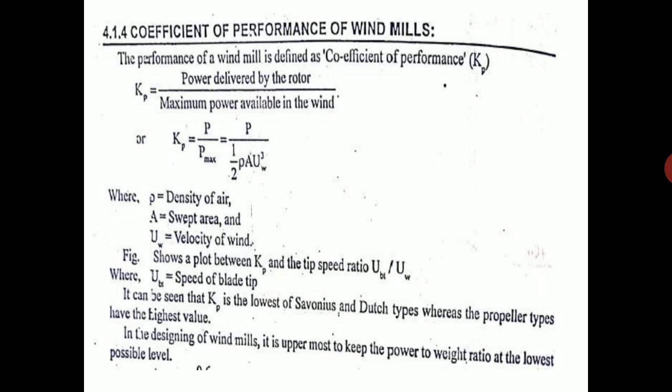So the speed at the blade tip: just imagine 50 or 100 meters, if the blade is rotating, the tip is rotating at the highest speed, and the hub is rotating at the lowest speed. I am talking in terms of meters per second, not in RPM. Now this tip speed ratio is equal to the blade tip speed divided by the wind velocity.